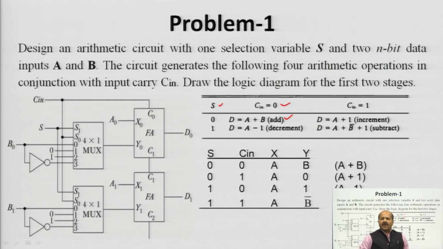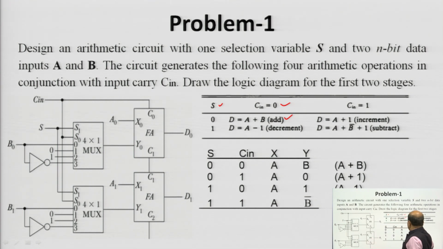So, two operands A and B are given to us, and we have to design a circuit which can perform these four operations. So, one operation has to be selected, we have to use a multiplexer for selection of operations.